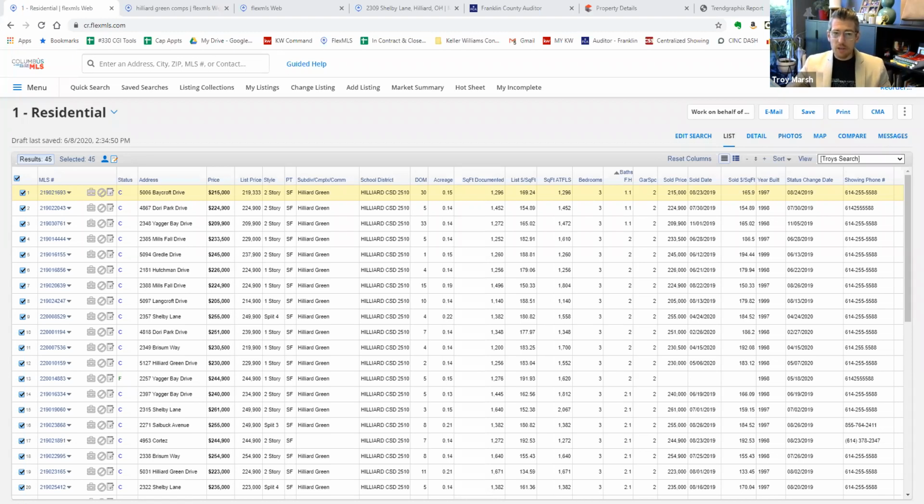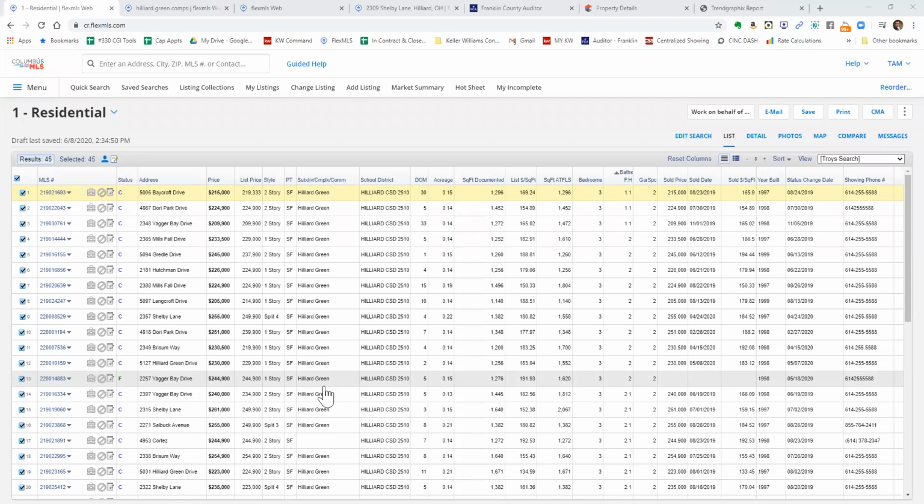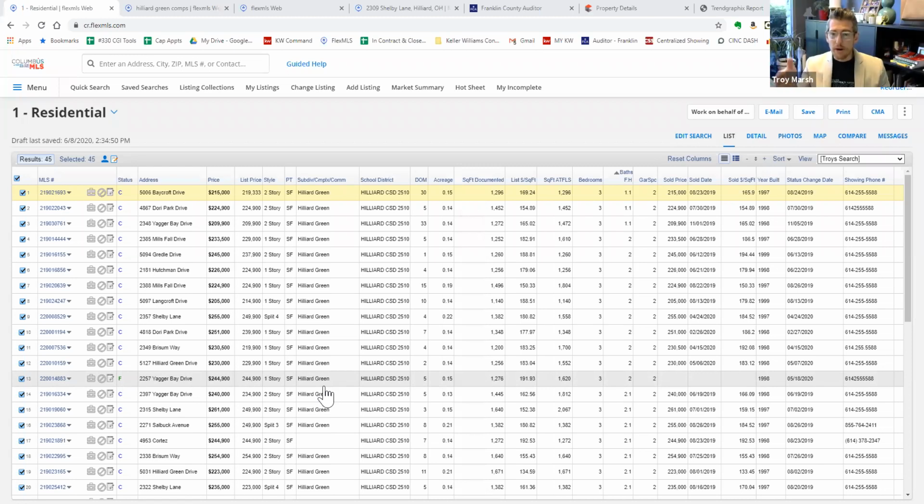But the other thing that you always want to be doing in this environment, and hopefully we're past COVID, but in an environment where there's a lot of uncertainty, is whenever possible, be pricing off the actives. That's a good point. Because you need to be better than whatever's on the market right now in an uncertain time.